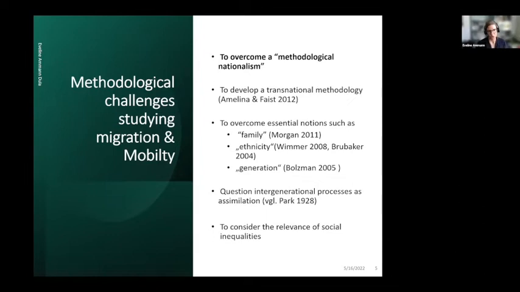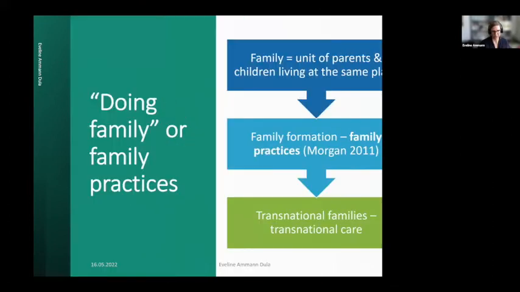But now we know today that you can have plural identities and transnational, border-crossing networks, and at the same time you can be integrated in one place but also in more than one place. These are things I think we have to consider when we develop a research question, and also what kind of methods we can use.